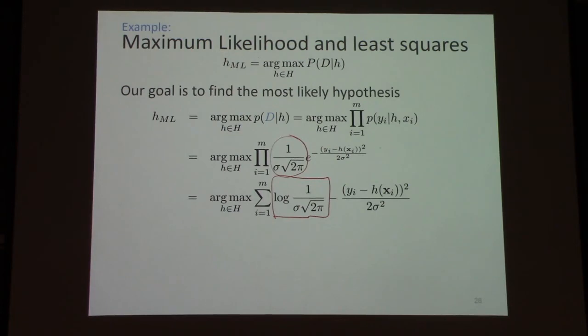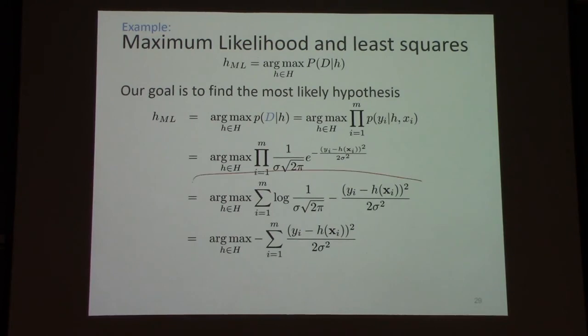And then the thing in the exponent shows up right there. So maximizing the likelihood under the assumption that the error is Gaussian noise is the same as maximizing this quantity here, but maximizing the negative of a quantity is the same as minimizing the quantity.